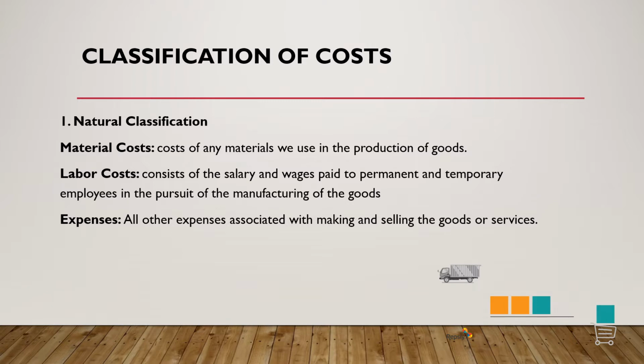For example, let's divide material cost into raw material cost, spare parts, cost of packaging material, and others. Labor cost consists of the salary and wages paid to permanent and temporary employees in the pursuit of the manufacturing of the goods. Lastly, all other expenses associated with making and selling the goods or services.